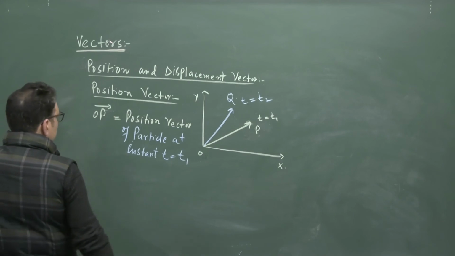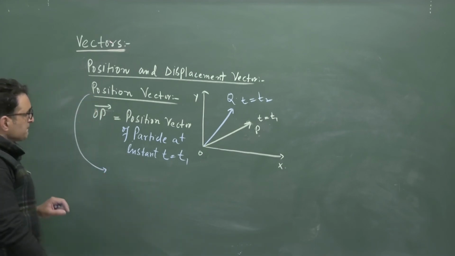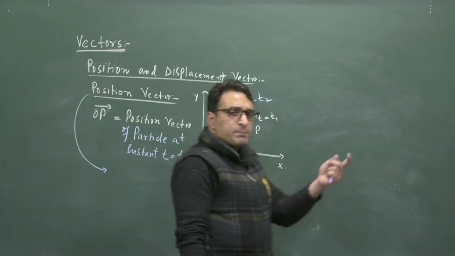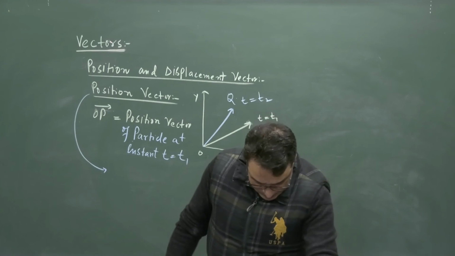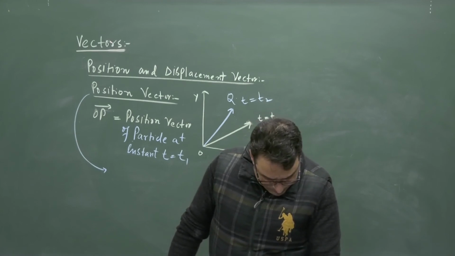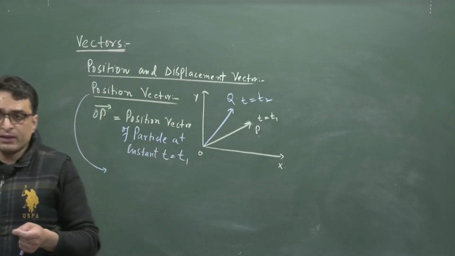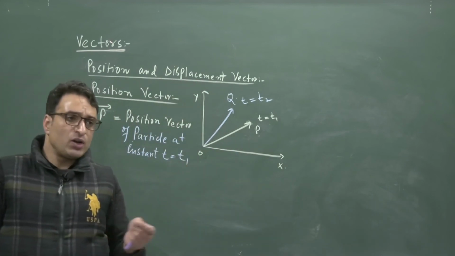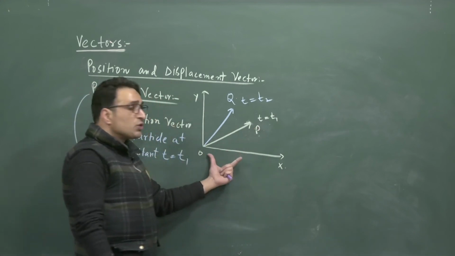Now, this position vector of a particle gives us two important pieces of information. In simple words, the position vector gives the position of the particle with respect to the origin. This OP gives me the position with respect to the origin.